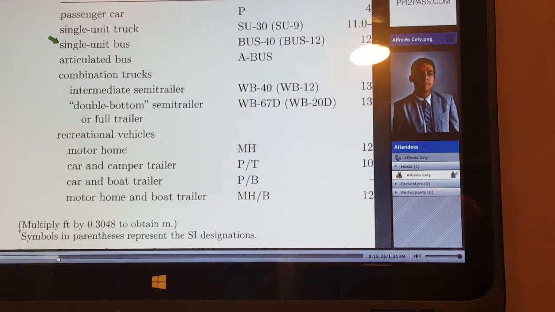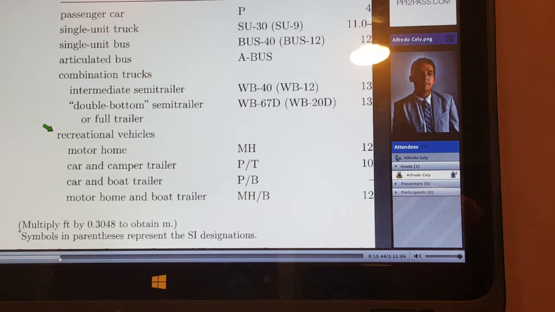You have a single unit bus that can be bus 40. An articulated bus is an A bus. Combination trucks have a WB40, a WB50, a WB67, and many other type of designations.